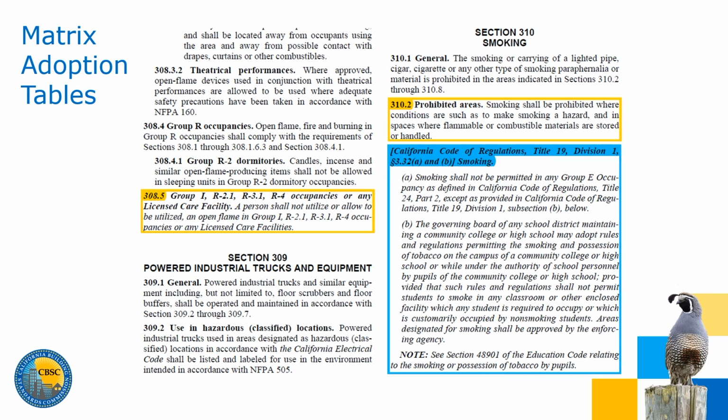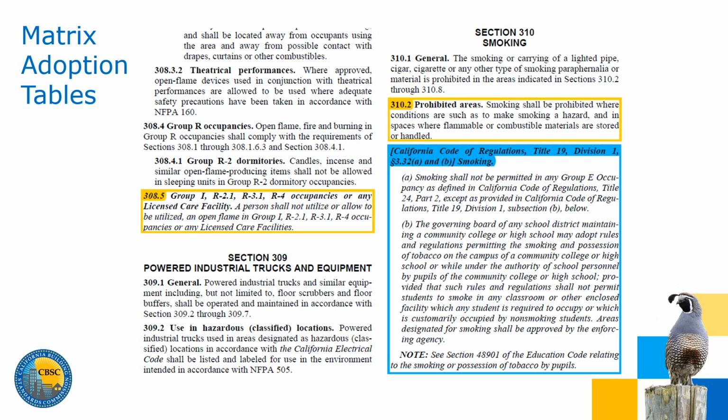Here is an example from Part 9, Chapter 3 text. Section 310 is from the Model Code, where SFM inserts Section 3.32 from Title 19 to Title 24, Part 9, Section 310.2.